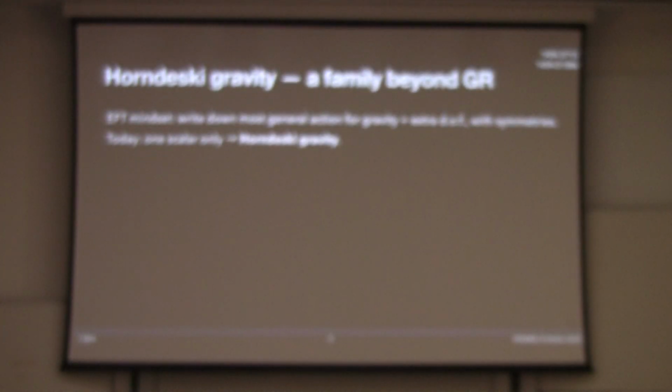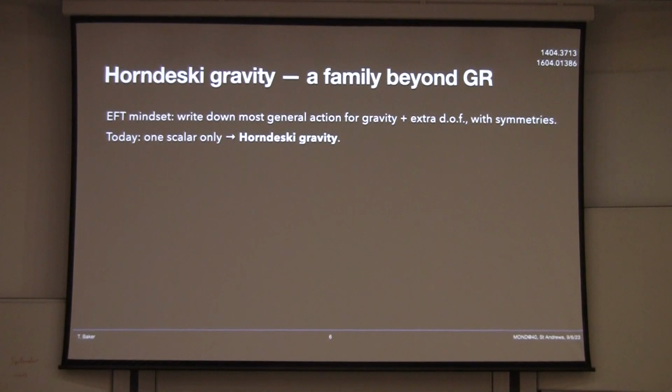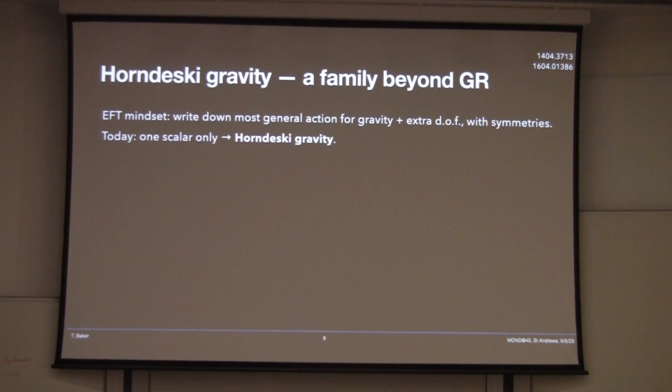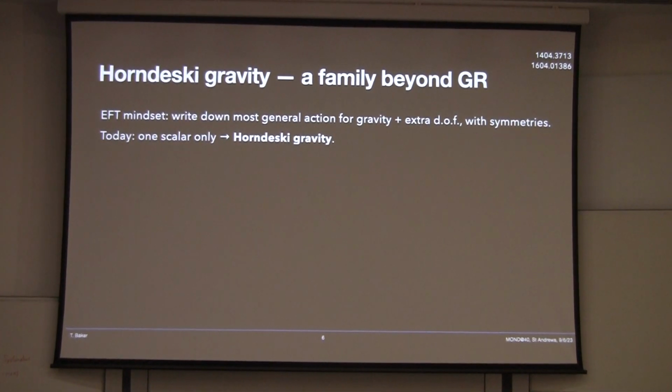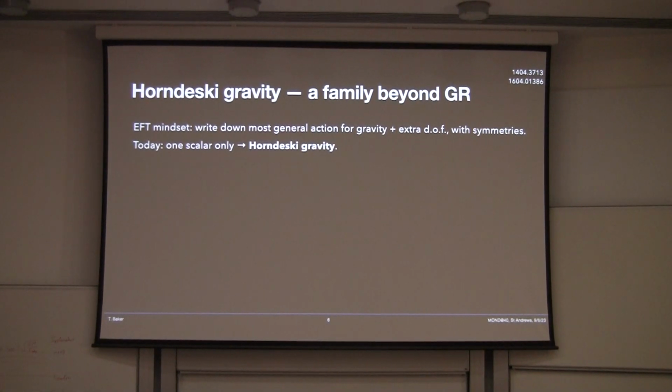So essentially what's happened here is we've adopted a kind of effective field theory mindset. We've written down the most general Lagrangian we can that has a metric and an extra scalar degree of freedom and obeys some appropriate symmetries. And in the case of one extra scalar degree of freedom, this gets you to this theory called Horndeski that some of you may know. So there's a Lagrangian you can write down for this thing.